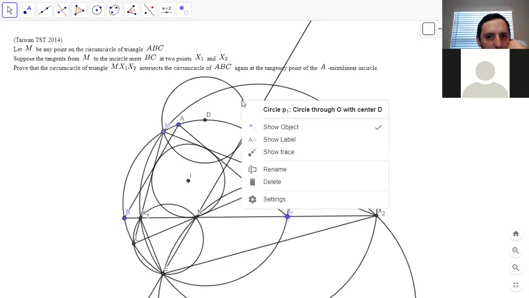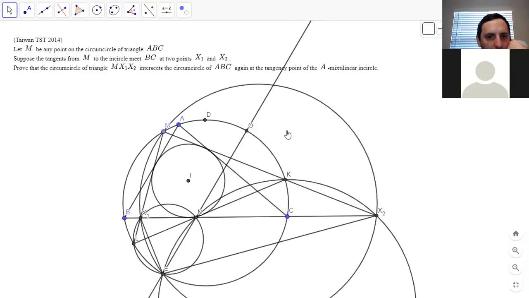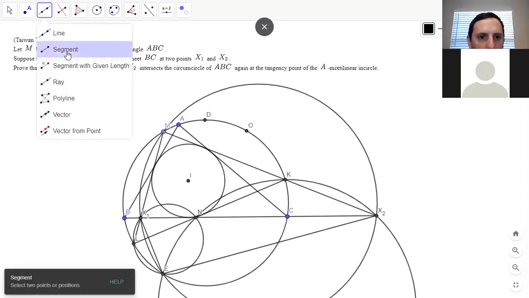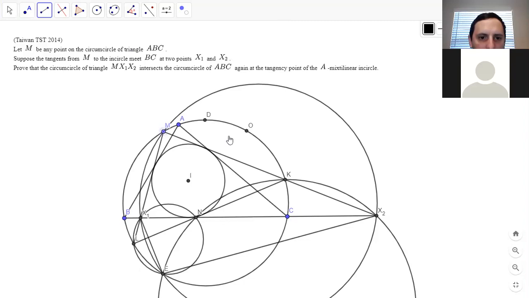Okay, so let's keep point O. We want to show EN and O are collinear. I don't know if that'll help, but MOBC is an isosceles trapezoid.